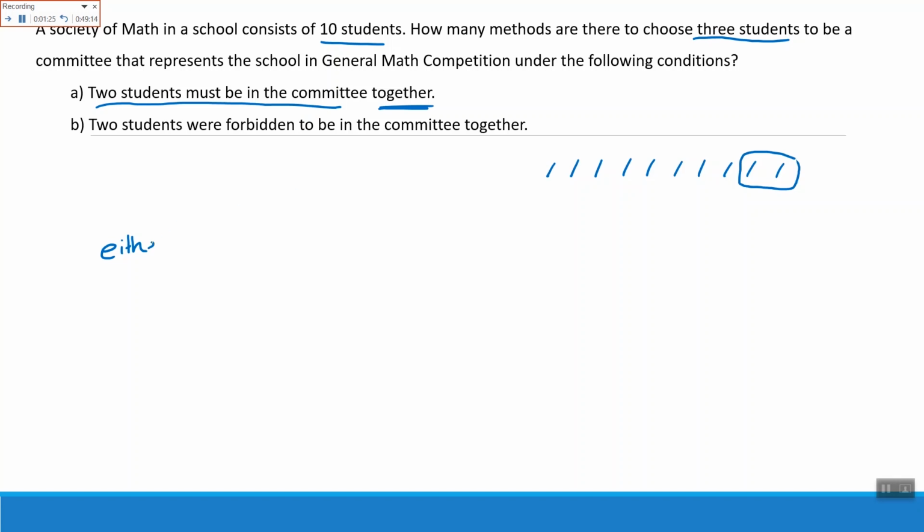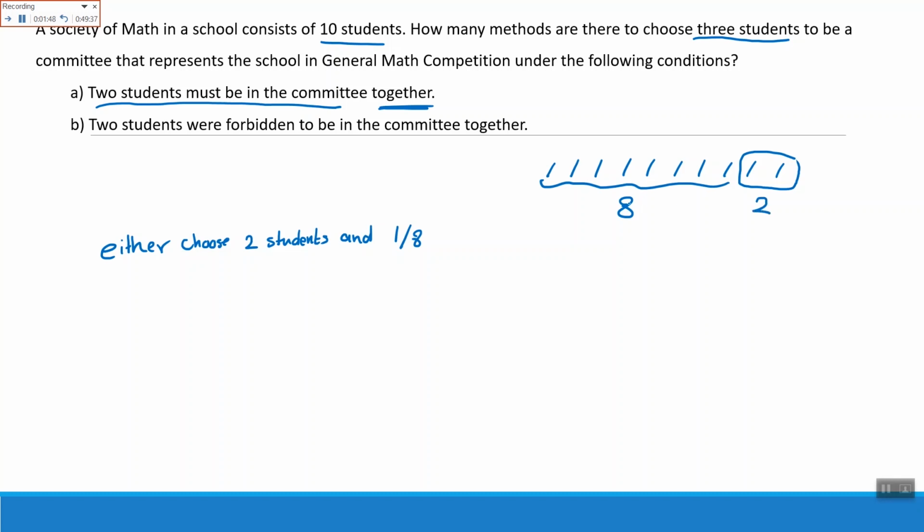So either choose the 2 students and then 1 out of the 8, because I still have 8 here. And these are 2 students.